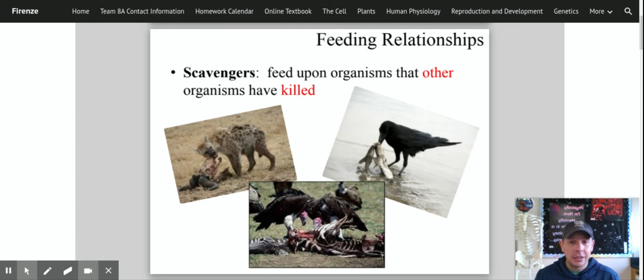It's like a hyena. Again, in The Lion King, go watch it. Hyenas or vultures. You often see in stories depicted in English class that vultures are flying around dead organisms and waiting for the predators to clear out, and then they swoop in and they start picking off the remains. So these are what's known as scavengers. Scavengers eat already dead animals in order to gain their energy.